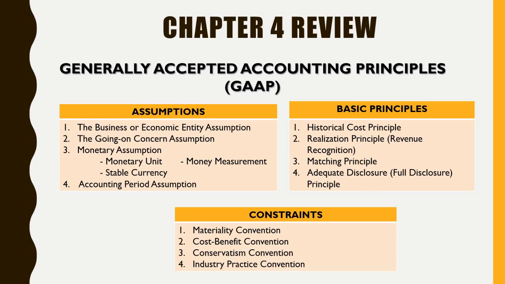Materiality, cost benefit. You're not the one making decisions on which is the better outcome. And of course, conservatism is going to be based on your cost manager, on which one they are going to choose. And with industry practices, you're not the one comparing yourself to other companies.